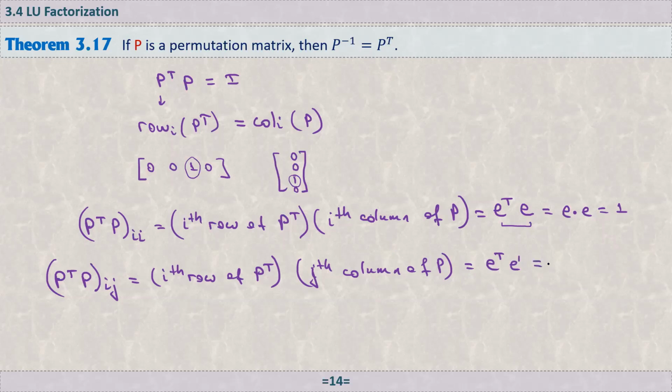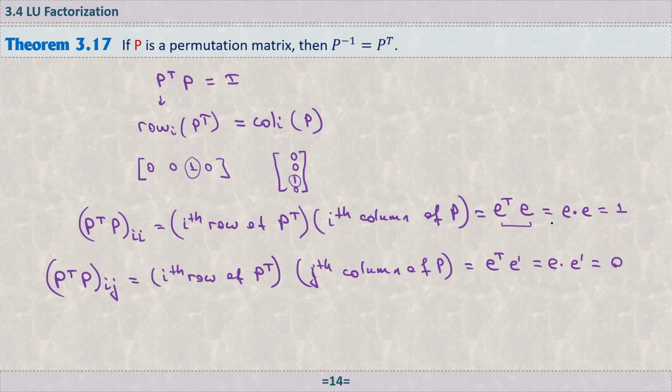So it is E dot E prime, which is equal to 0. Why? Because the one in this vector and the one in this vector are not in the same position, since i and j are different. Now this shows that all entries above and below the main diagonal are equal to 0, and all entries on the main diagonal are 1s.